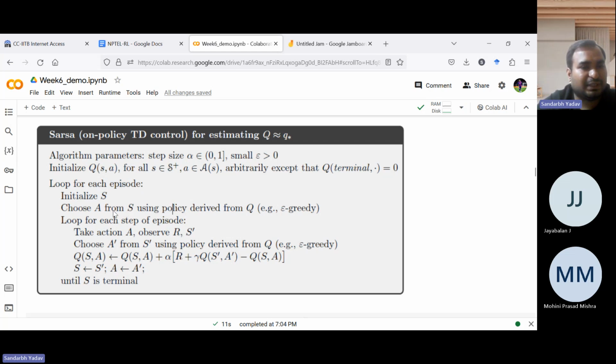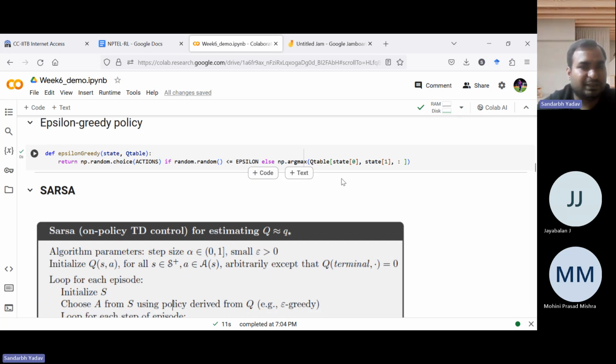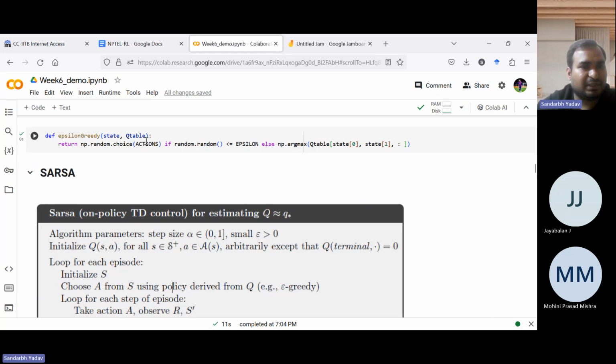Then we are choosing the action A according to the epsilon greedy policy. This we have already seen here. We supply the state and the current Q table, and on the basis of that it will return either an exploratory action or a greedy action. With 0.1 probability it returns an exploratory action, with 0.9 probability a greedy action.